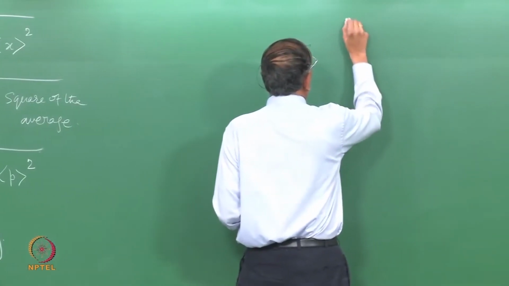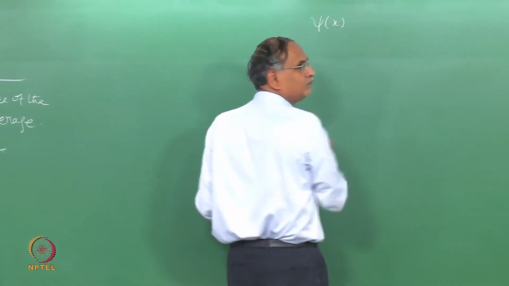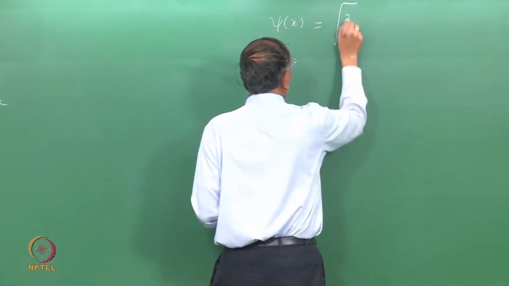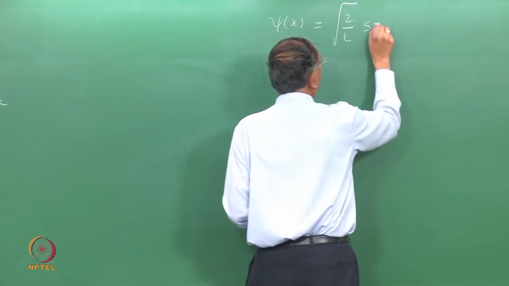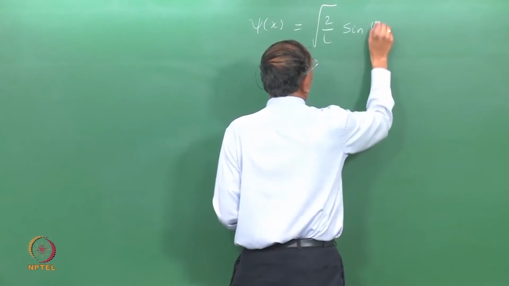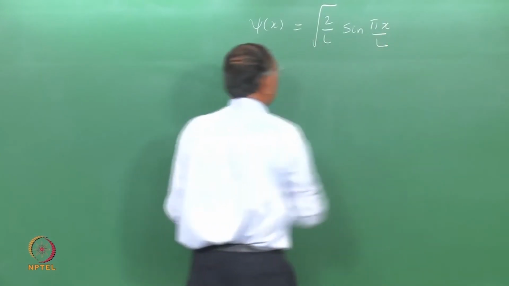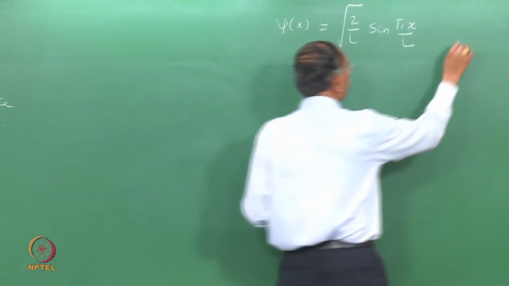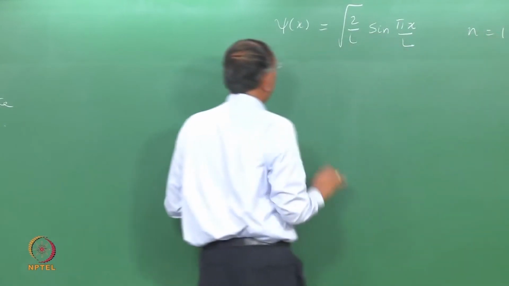Now, let us use the wave function psi of x for the one dimensional box, root 2 by L sine pi x by L. We will take the n equal to 1 case, the quantum number.